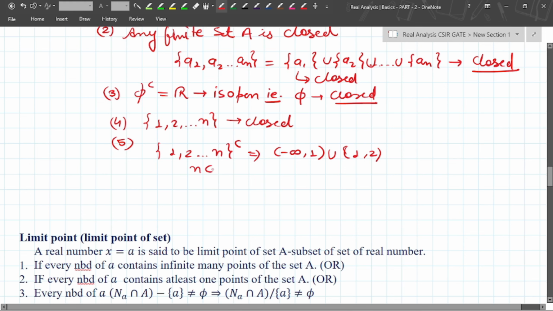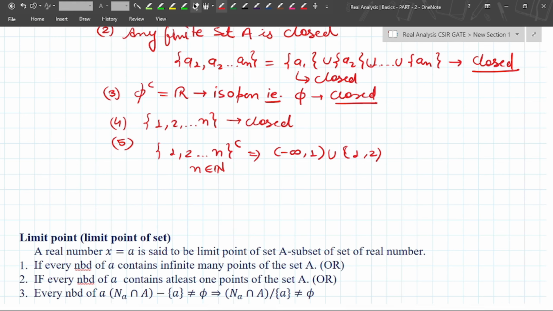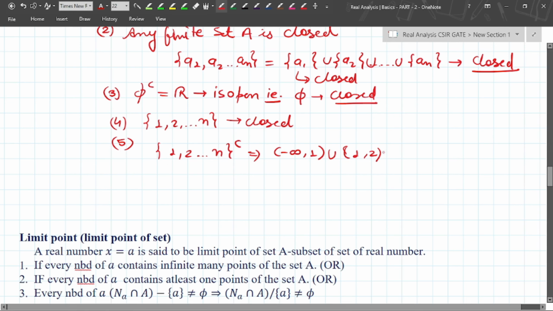If it is written with n belonging to the natural numbers, then we can't write like this. But here it is 1 and 2. Now union, and after that it is 2 comma 3. So these all are my open sets. If these all are open sets, then 1 comma up to n is nothing but a closed set. This is the reason for that particular thing.